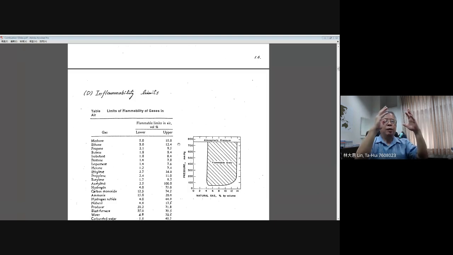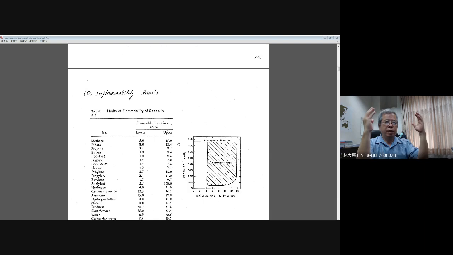Originally, if you put the so-called 20% rich premixed flame in an environment without oxygen, that means that you just inject it out in a nitrogen environment, can you have a rich premixed flame with the concentration 20%? It is impossible. But in the oxygen environment, there is the outer diffusion flame.